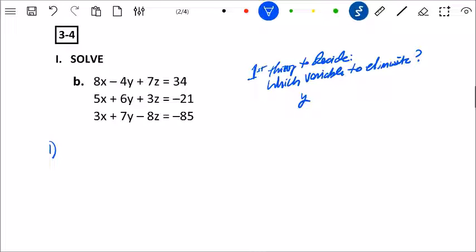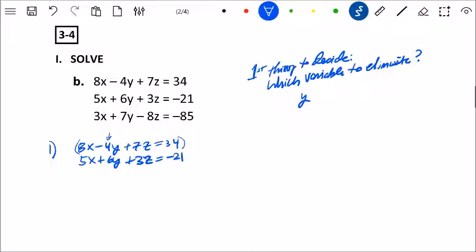So for my first step, I'm going to choose to take 8x minus 4y plus 7z equals 34. And I'm going to choose the second one, 5x plus 6y plus 3z equals negative 21. So what I see right now is that here I have a negative 4 and a 6. If I multiply to make them both 12s, I can cancel them out.